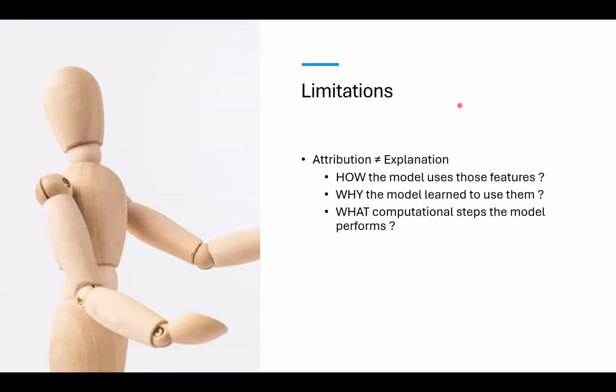Also, a big limitation of the whole input attribution method is that though it lets you know which tokens were contributing to the output generation, it does not tell you how the model used those tokens, or why the model learned to use them in the first place. What algorithm is there to associate negative with terrible?